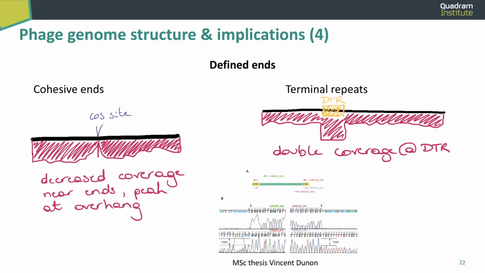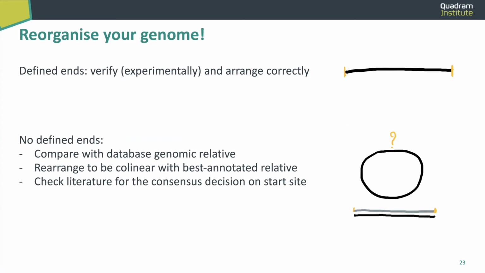And this is a way in which you can accurately define your genome ends. And in order to call your genome complete, when you know it's a genome with defined ends, this is something that you should actually do. So once you have all of this information, it's very important to reorganize your genome so that it's actually correct.